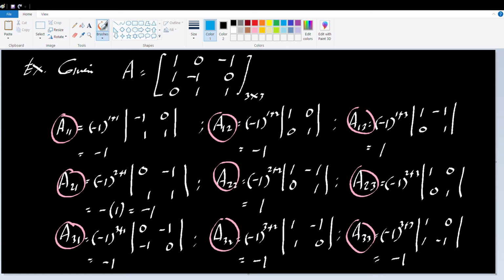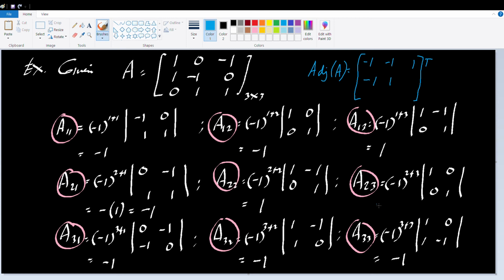So we are now ready to write the adjunct of the matrix A. The adjunct of matrix A is the 3 by 3 matrix whose elements are the cofactors and then transpose. So let us write down all the cofactors. Negative 1, negative 1, 1, negative 1, 1.